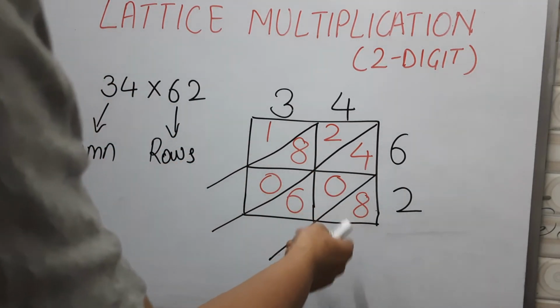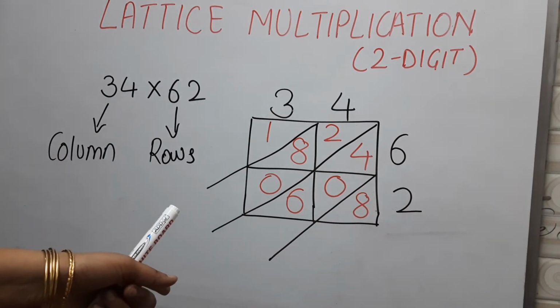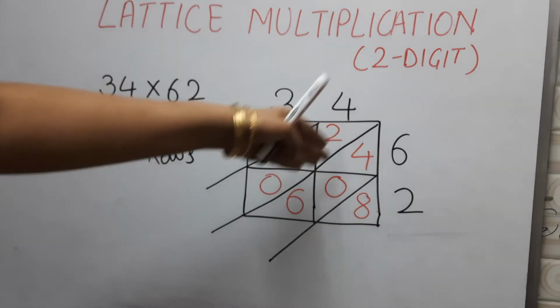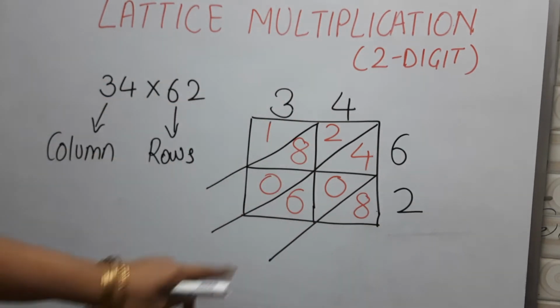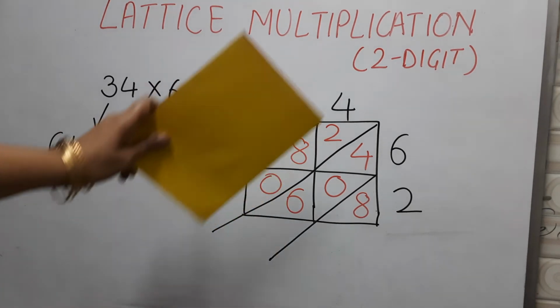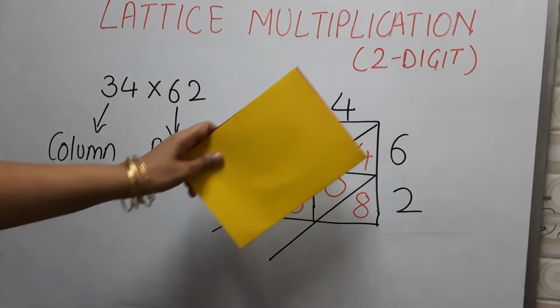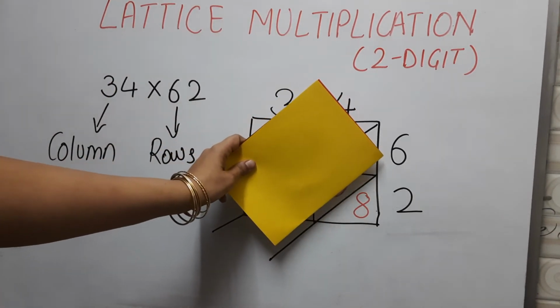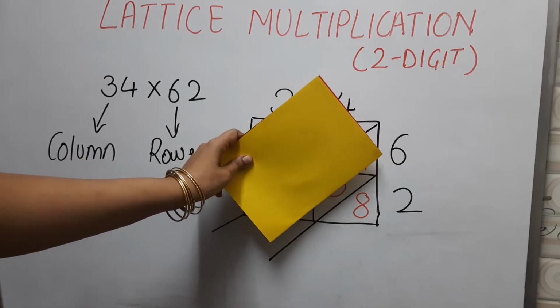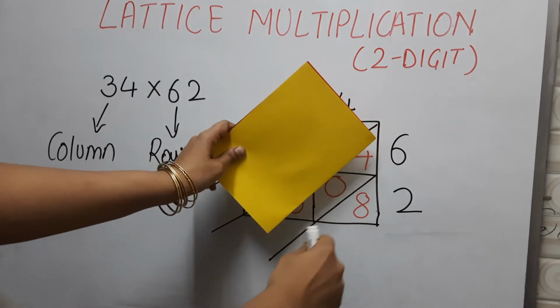Now for the final answer I have to add. And since these divisions are made, we are going to add accordingly. Now look here, how are we going to move further? If I hide according to the division that I have made, you will see it is 8 only.